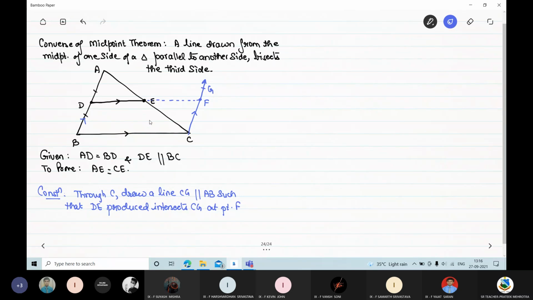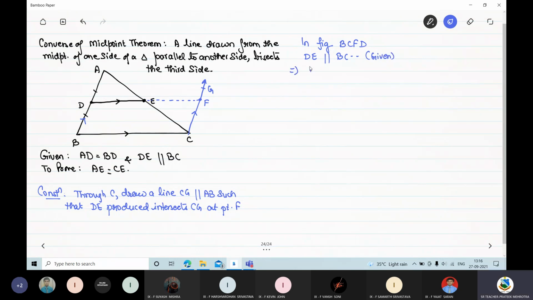Now, in this figure BCFD, we know that DE is parallel to BC. This is given to us.